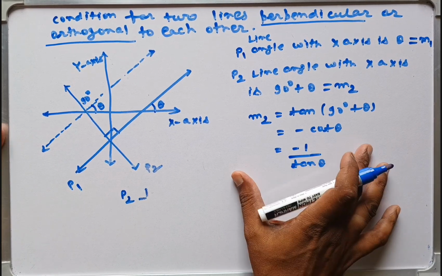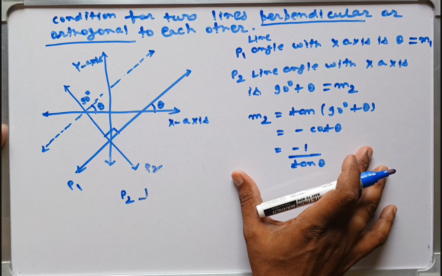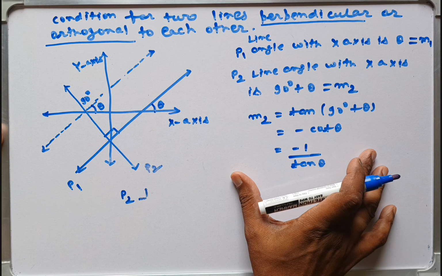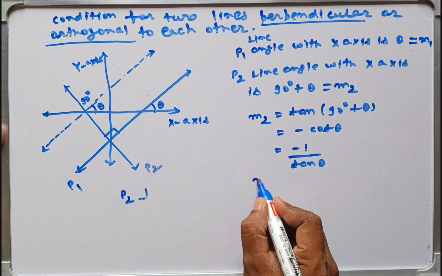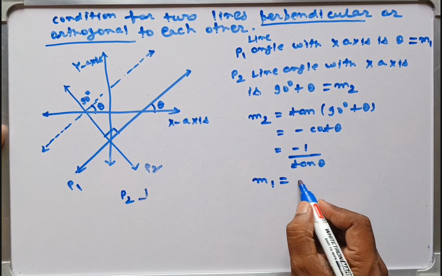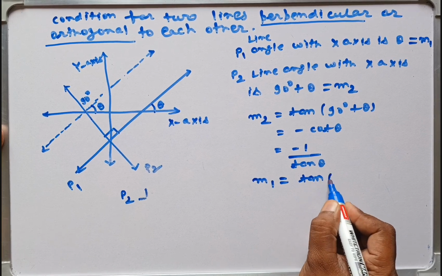Guys, I have already discussed when sine, cos and tan theta are positive or negative in my lecture on vectors, so you can refer to that lecture. The link of that lecture is given in the description box. So m1, the slope numerical value, is equal to tan theta.